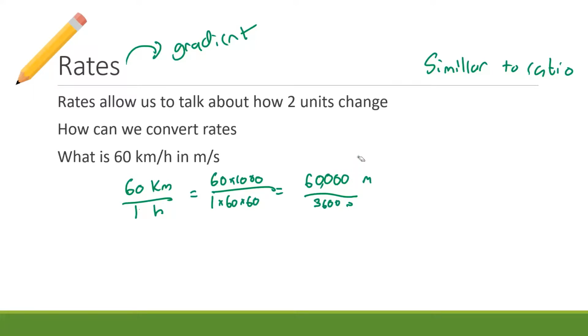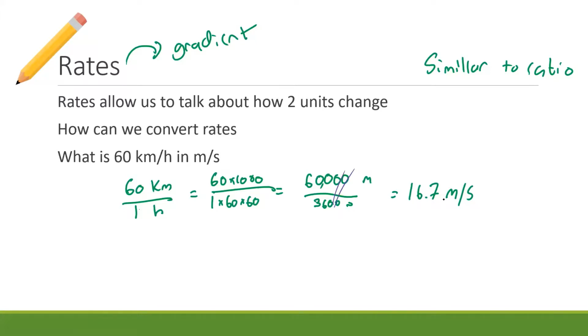I can now put this into my calculator, but you can quickly cancel out some of the zeros here. So 600 divided by 36 is essentially what we've got, and that comes out to be 16.7 meters per second. And that's it. That's the new unit.